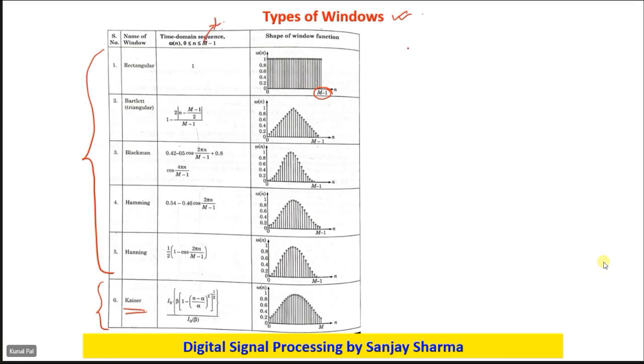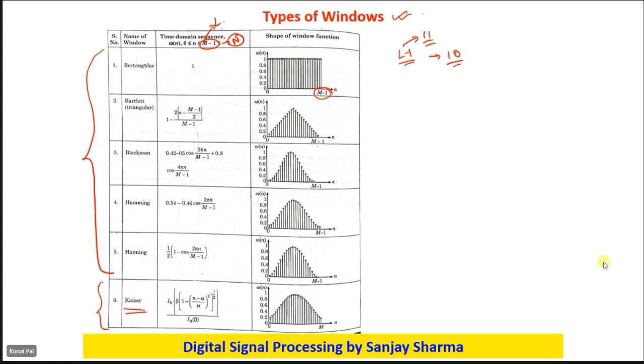So if the length is 11, then M minus 1 would be 10. In other words, you may say that M minus 1 is the order of the system. Different books use different notations, so please keep this in mind.